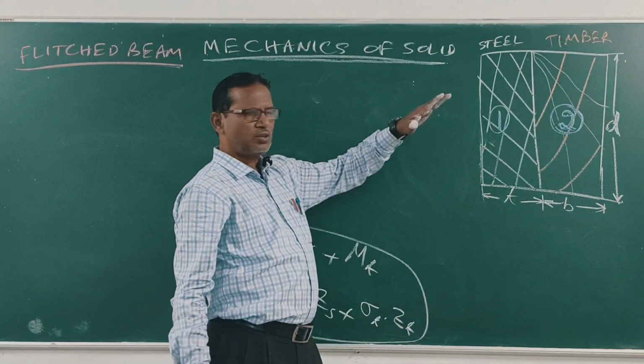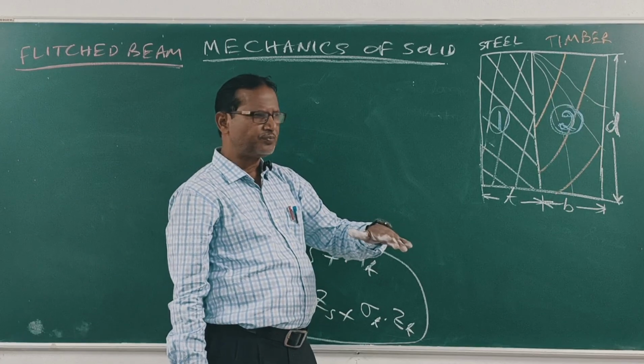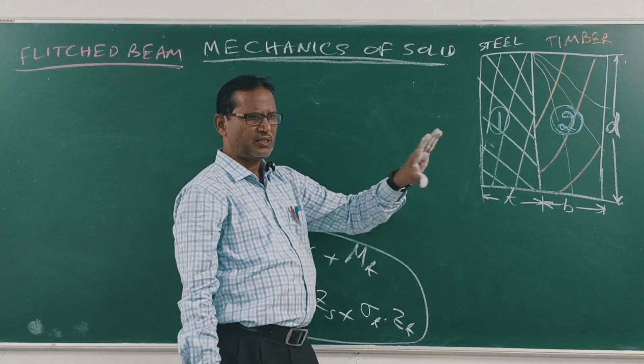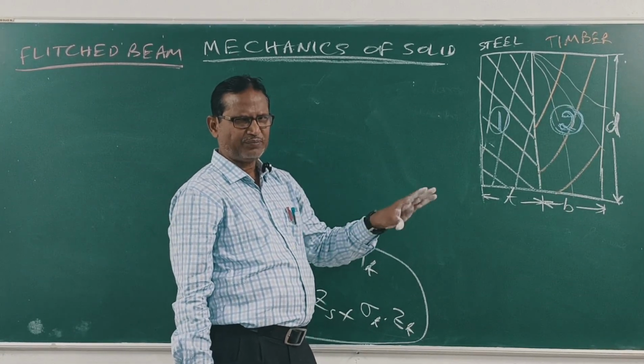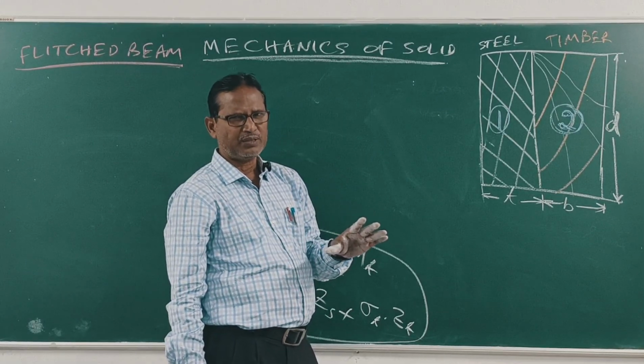Also, the material joined together, both upper and lower end are fixed. So both have the same length, depth d, and the extensions are the same, so the strain is the same. Clear?